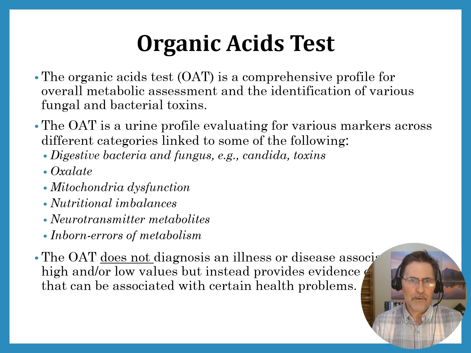So the OAT, organic acid test for short, does not diagnose an illness per se or specifically a disease based on its values, but instead provides evidence that certain conditions may be existing. So again, it takes a skilled practitioner to really learn how to interpret the organic acid test. But if you're an individual who's looking to assess either yourself or a loved one for underlying imbalances, the organic acid test is very important to have done.